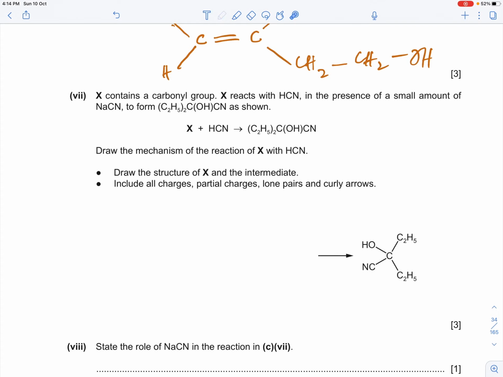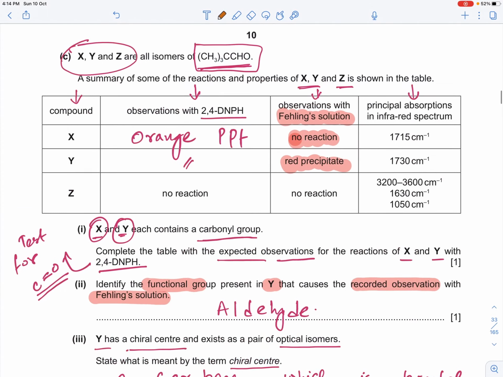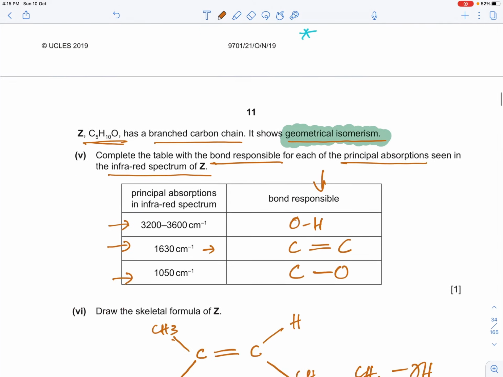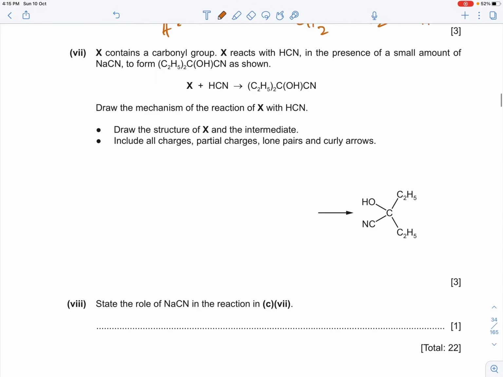Next part is: X contains a carbonyl group. So they have given us 3 isomers, X, Y and Z. We have drawn the structure of Y, we have drawn the structure of Z. Now they're asking about compound X. So X contains a carbonyl group and X reacts with HCN.